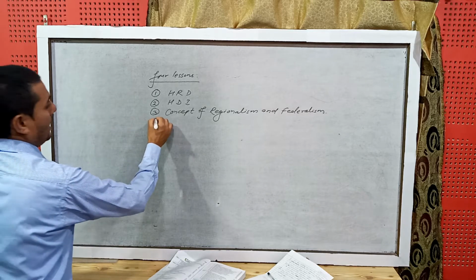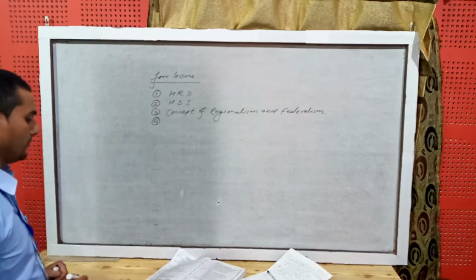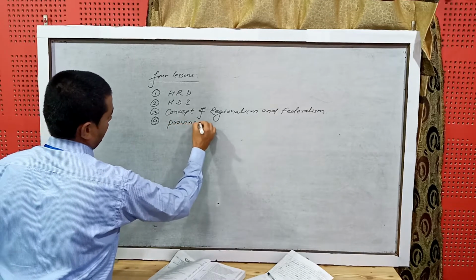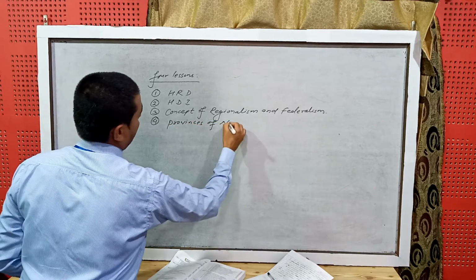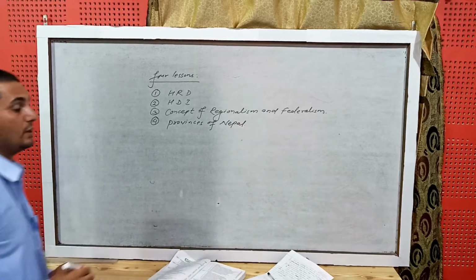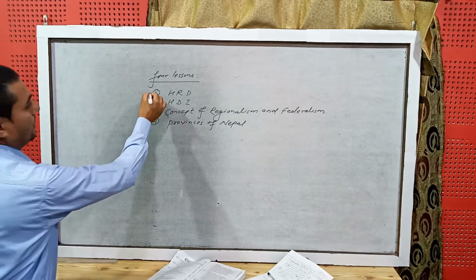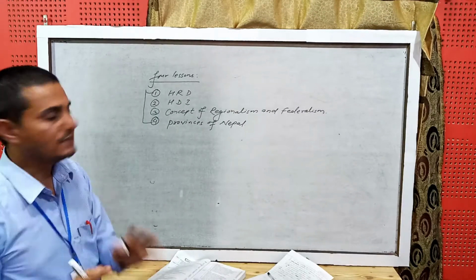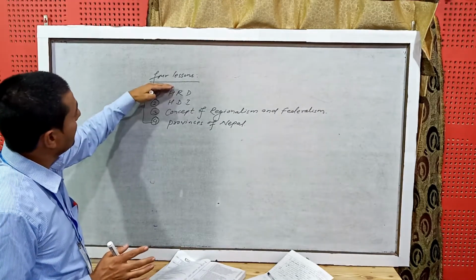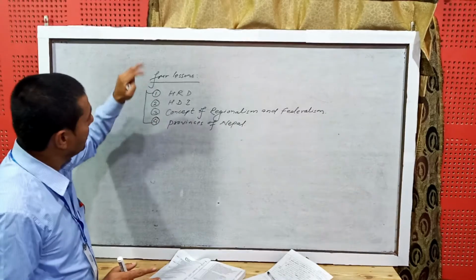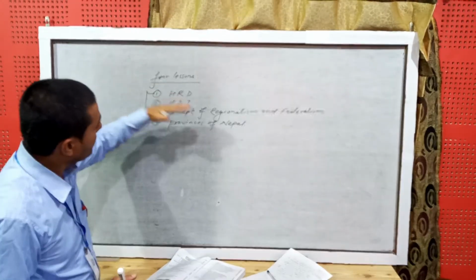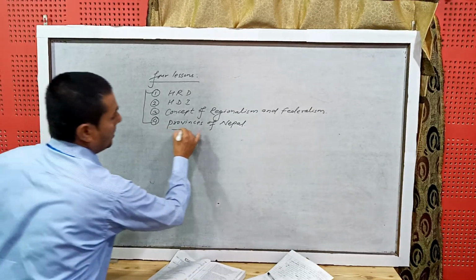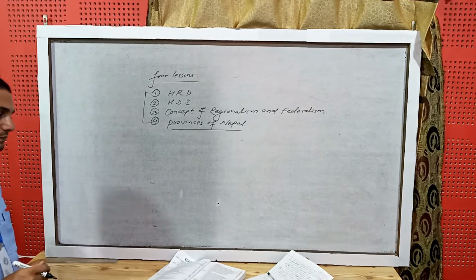And finally, lesson 4 comprises provinces of Nepal. Let me repeat once more. Altogether, 4 chapters or 4 lessons are taught in this unit: human resource development, human development index, concept of regionalism and federalism, and finally provinces of Nepal.